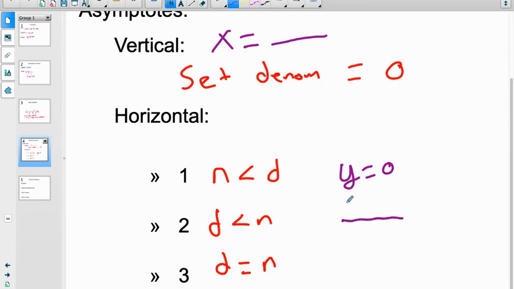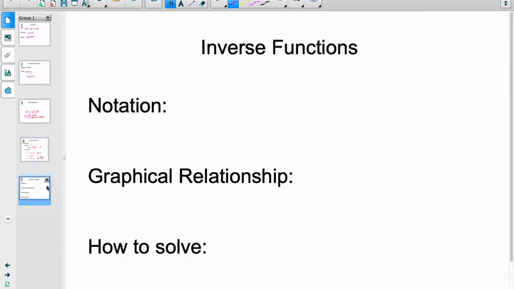And if they're equal, then it's the line y equals the top coefficient over the bottom coefficient. So that's how you find asymptotes with rational functions.